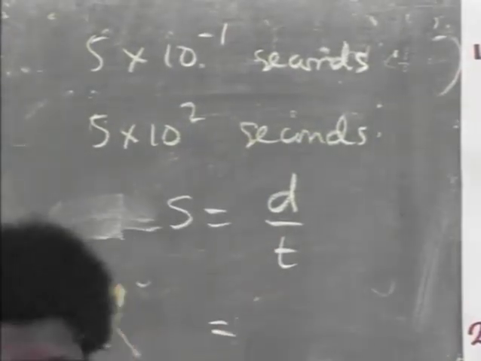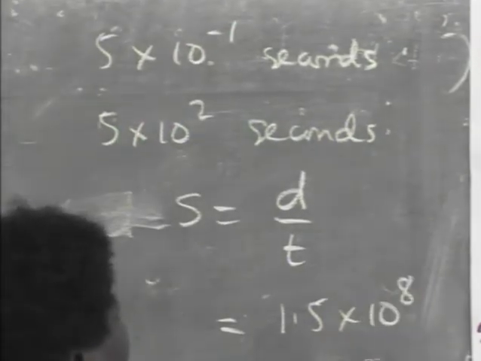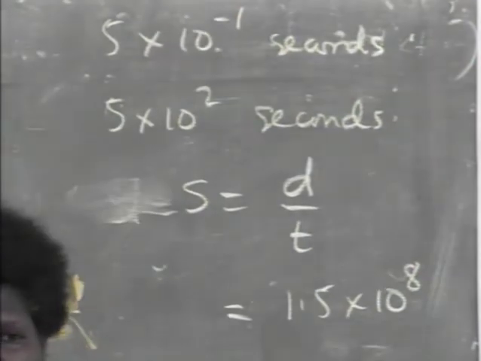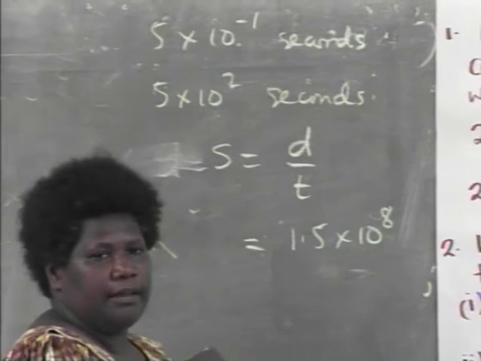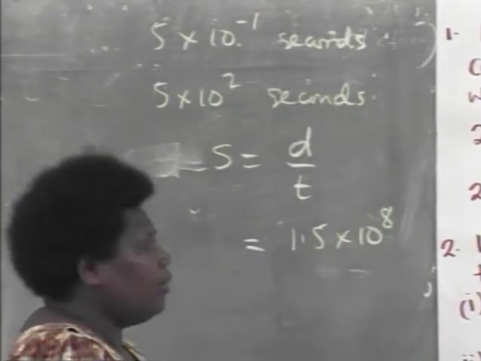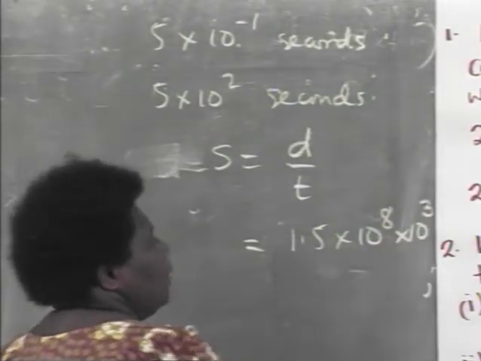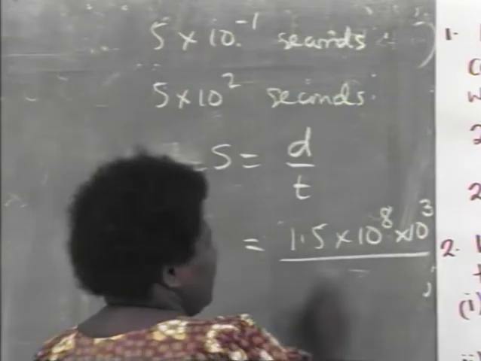The distance is 1.5 times 10 to the power of 8. But since the speed is in meters per second, you cannot divide meters or kilometers by meters. You have to divide meters by meters. So I have to change that to meters. So I have to multiply by 1,000 or 10 to the power of 3.